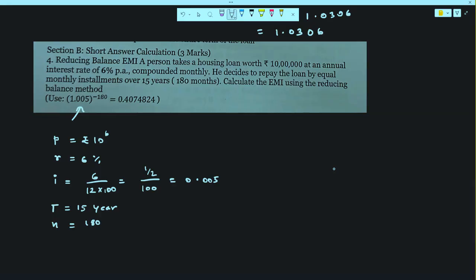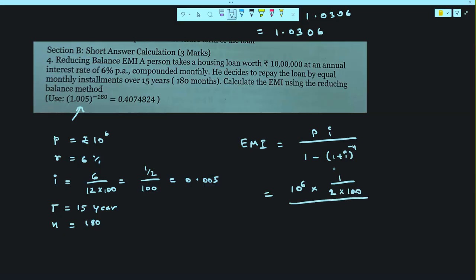Okay, let's use the EMI formula. Here you should use the second formula, PI by 1 minus of (1 plus I) power minus N. P is 10 power 6. The rate of interest I is 1 by 2 into 100.